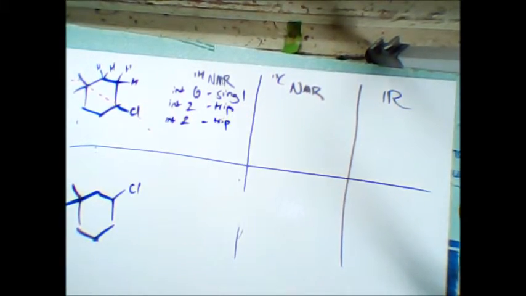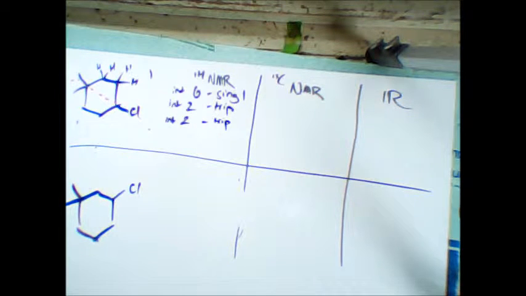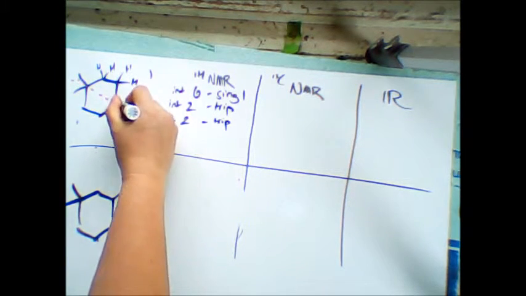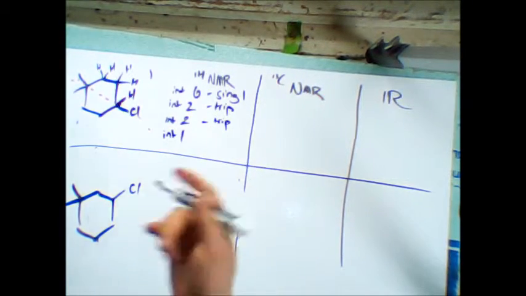Now, if you are very familiar with the way HNMR works, you should be thinking to yourself right now that these hydrogens are going to be further downfield, meaning bigger number, than these 2 hydrogens here. You can put that if you want. And then finally, we have our hydrogen here, who is going to be in the furthest downfield of the block, and he's going to show up as a triplet.